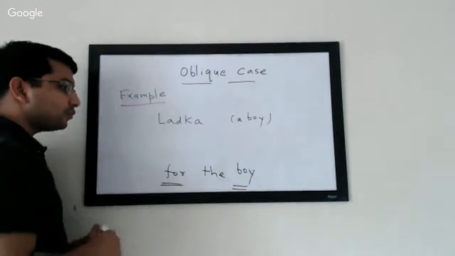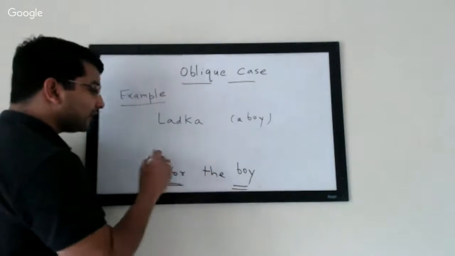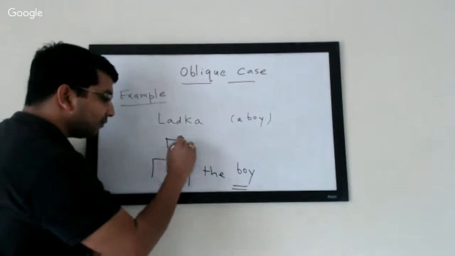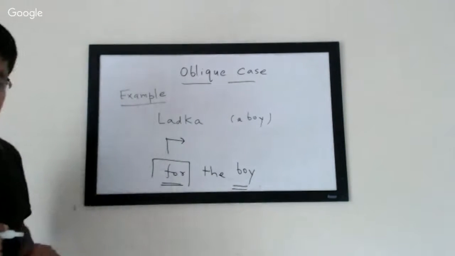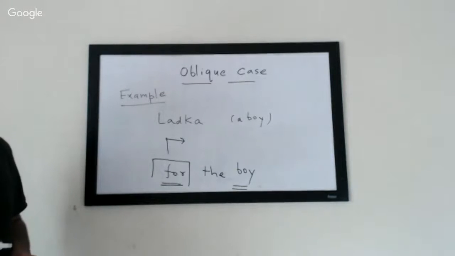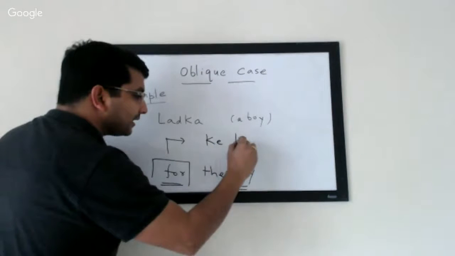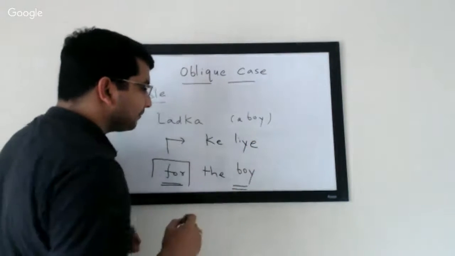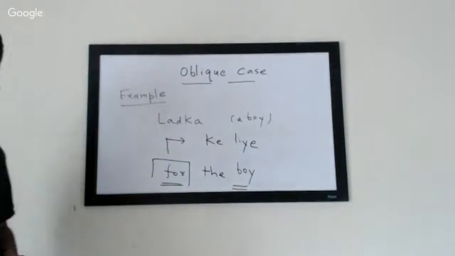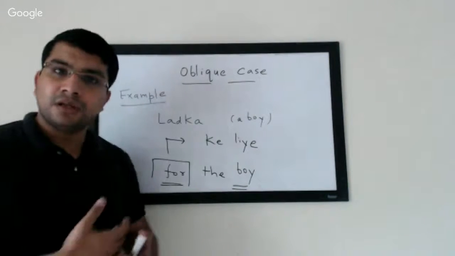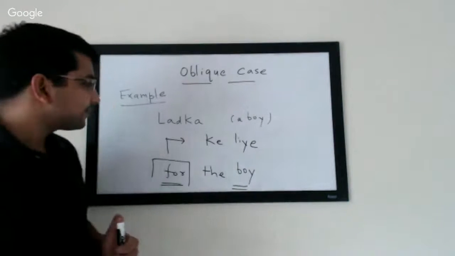Whenever you're using a postposition, so for the boy, you know the relevant keyword for "for" in Hindi. Very good, right? It's के लिए, right? के लिए, आपके लिए, for you, मेरे लिए, for me, हमारे लिए, for us, right?